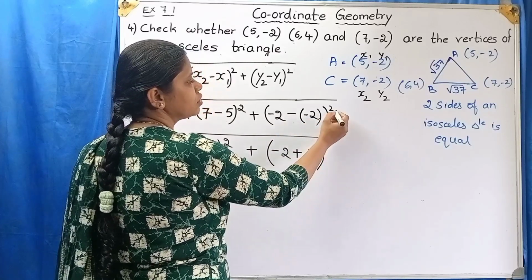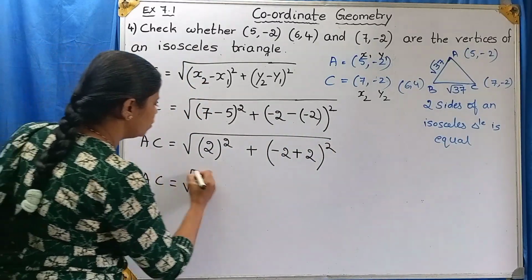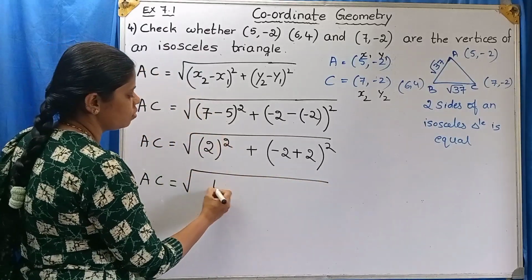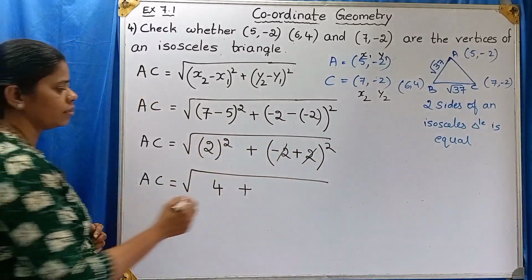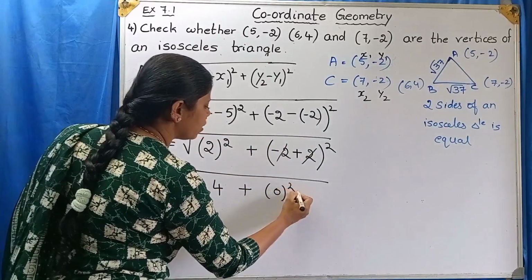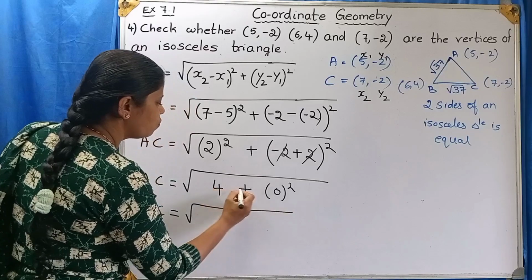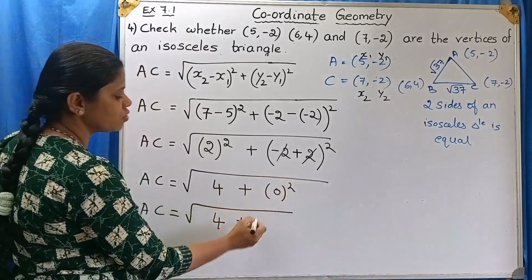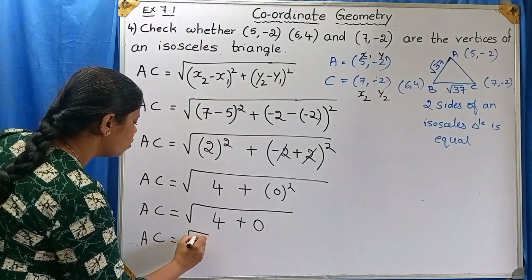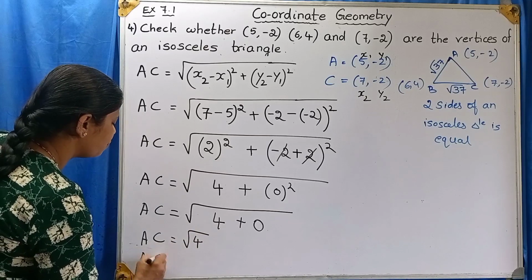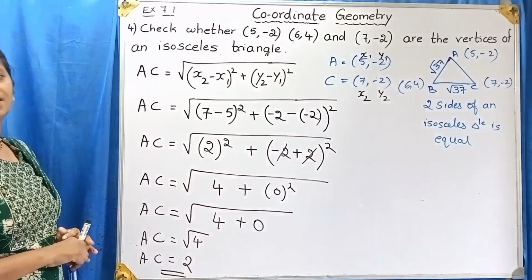AC is equal to the square root of 2 square is 4, plus 2 minus 2 gets cancelled, that is 0 the whole square. The square root of 4 plus 0 is square root of 4. It is 2. The distance between AC is 2.